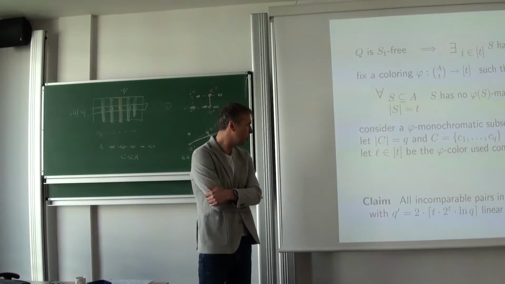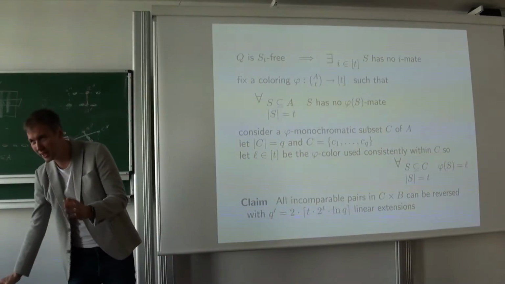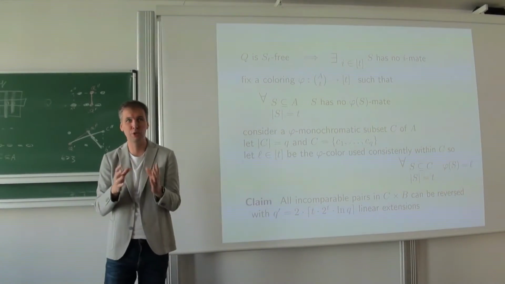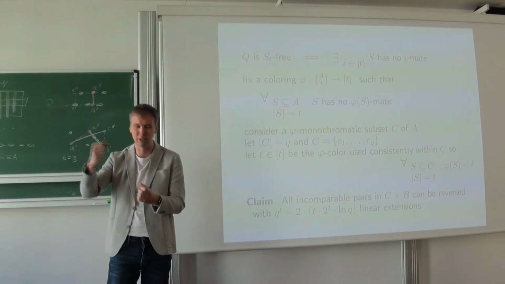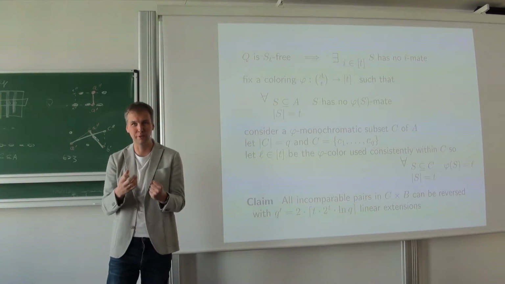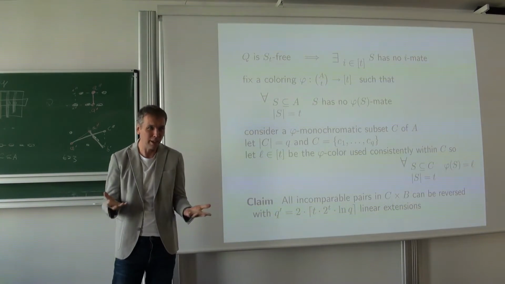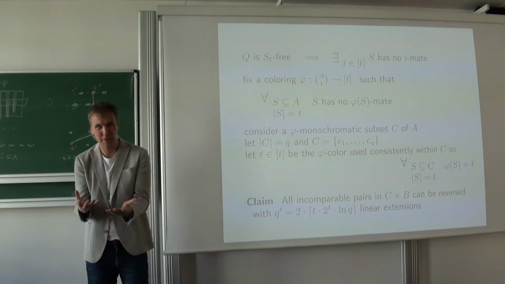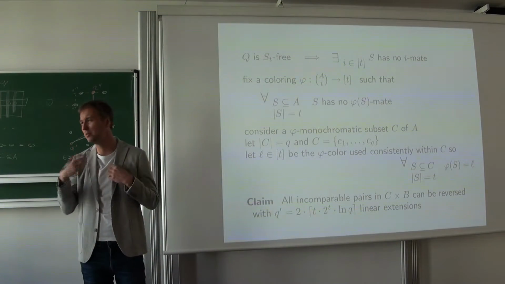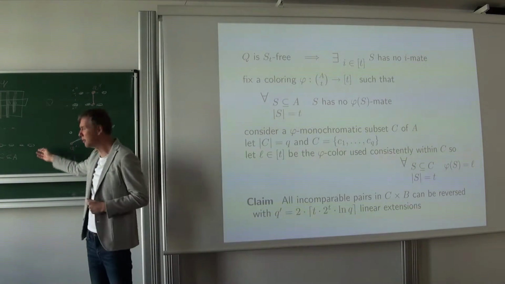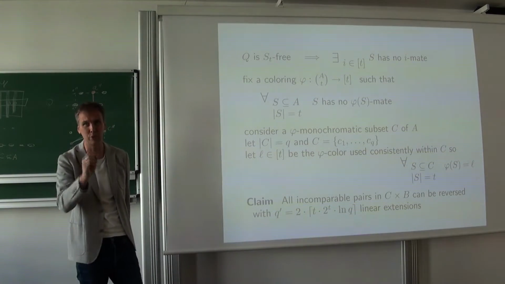What are we going to do with it? Because these elements behave somewhat uniformly, this is the only leverage that we have. They behave in the same kind of way, and we want to exploit it. So we're going to say that we can reverse them. What does it mean to reverse? We reverse incomparable pairs. What kind of incomparable pairs are we going to reverse?